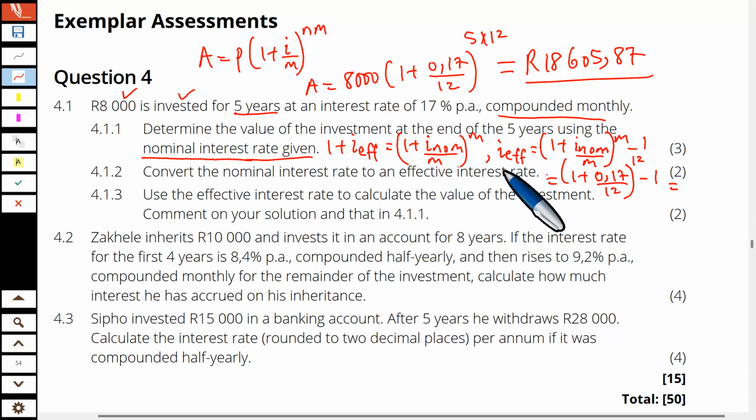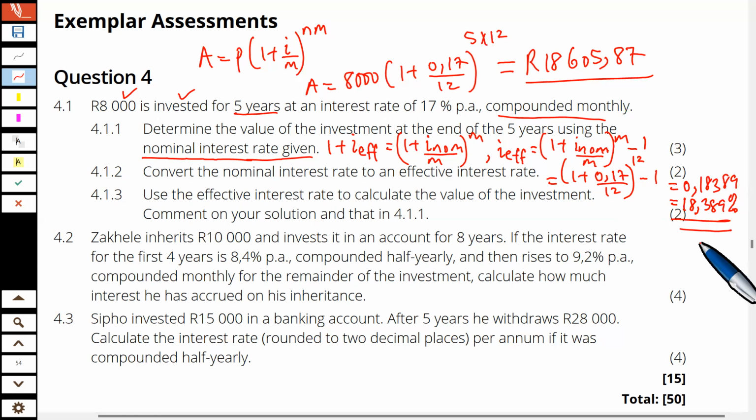Right, if you do this one carefully, what you're getting here is 0.18389. So you can then write this one as you multiply by 100%. So you have 18.389%.